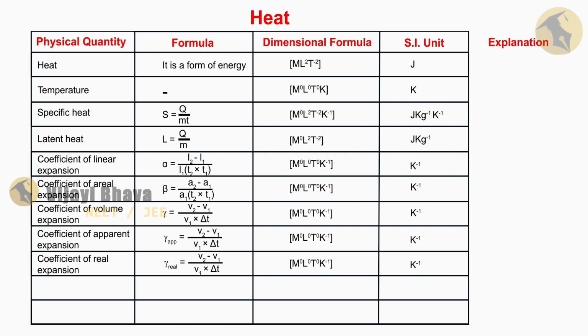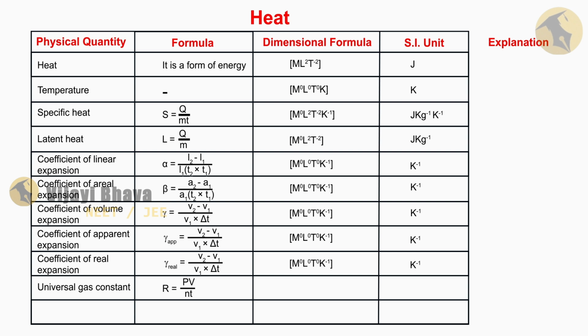Now let us learn the dimensional formula of certain constants. The first one, universal gas constant. From the universal gas equation, we have PV is equal to nRT. Otherwise, we can write R is equal to PV by nT, where P is pressure, V is volume, n is number of moles and T is temperature.